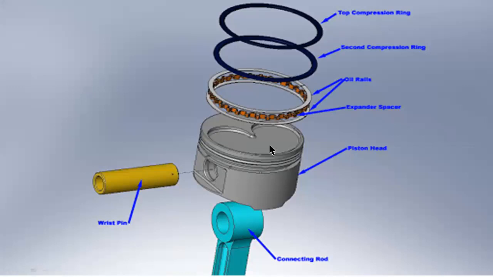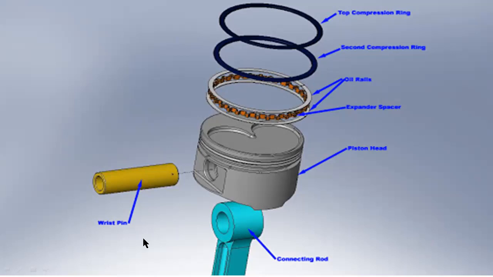This is the crown or head of the piston. This is an oil ring or scraper ring. These two are the compression rings. These three are the piston rings, but these two are compression rings, and this one is the oil ring or scraper ring.